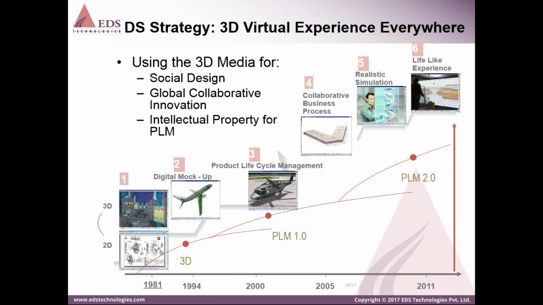And nowadays it's realistic simulation and a lifelike experience. Actually we can feel the analysis, and it's very easy to do this analysis with the help of the current tools available.